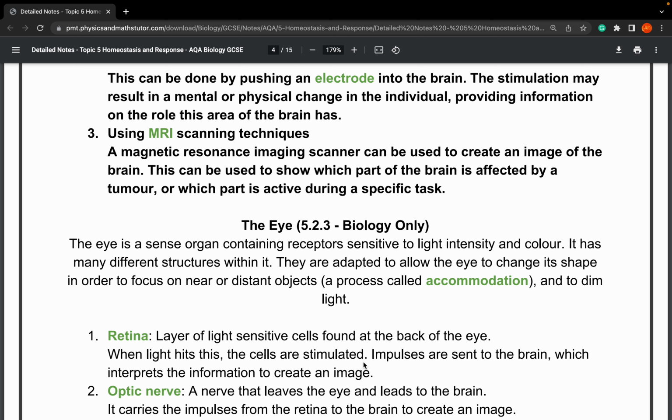This can be used to show which part of the brain is affected by a tumor or which part is active during a specific task. So during MRI, if somebody is thinking about having a nice perfume smell, we can find which part of the brain is lighting up, and we can identify, oh, this is the area where smell function works.